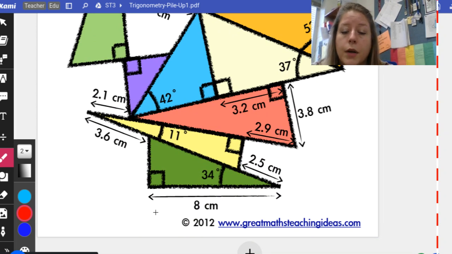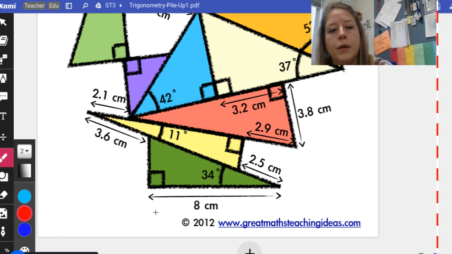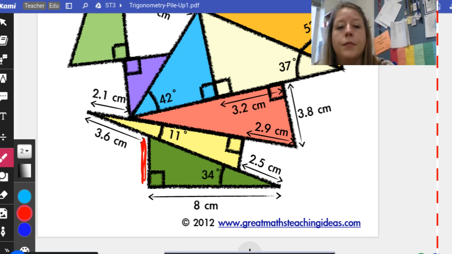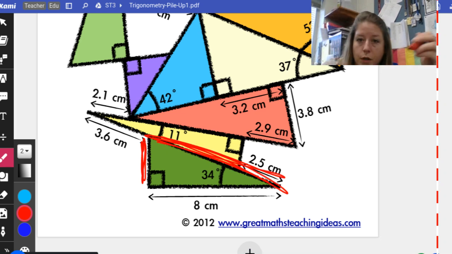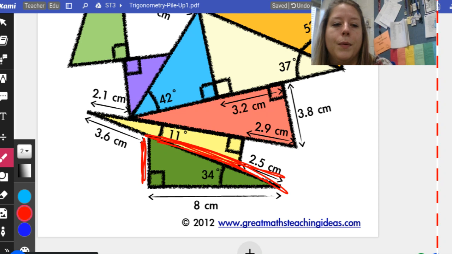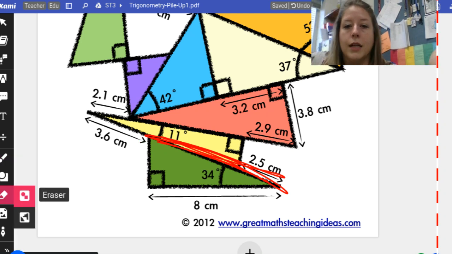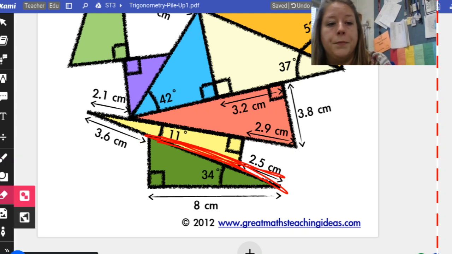We've got a triangle with a 34-degree angle. We know the bottom side is 8, and then we need to decide which side we need to find. Do we want to find this side over here, or this side here? Since we're trying to work our way up, we want to find that longer side, the hypotenuse.